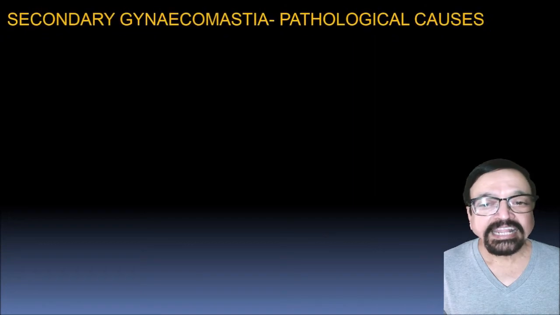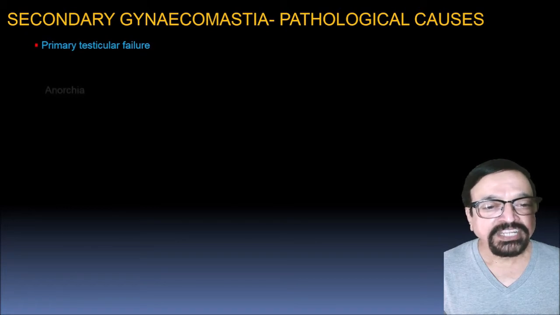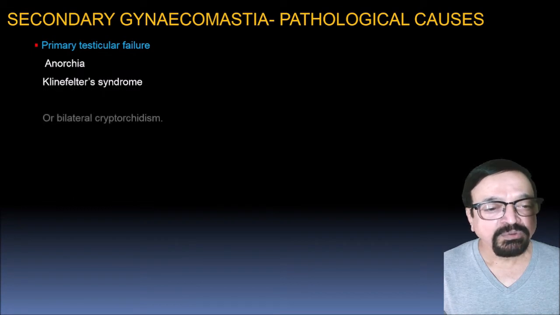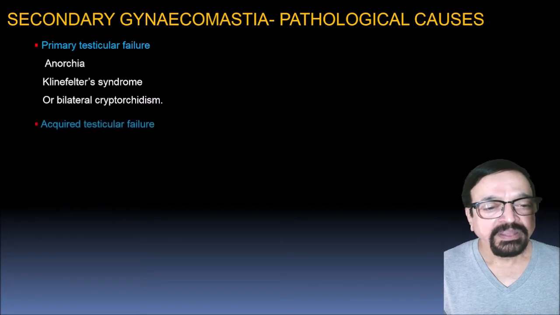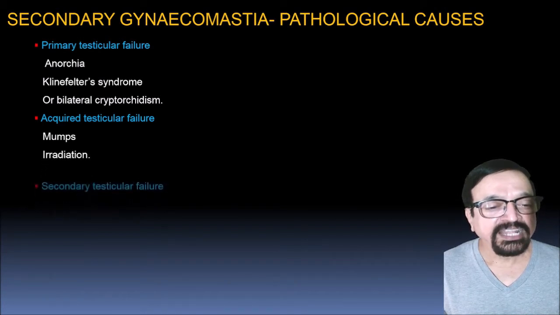Now, secondary gynecomastia is important from our point of view and we have to differentiate it. Then there is primary testicular failure: anorchia, Klinefelter syndrome, bilateral cryptorchidism, acquired testicular failure, which includes mumps, resulting orchitis, then irradiation.